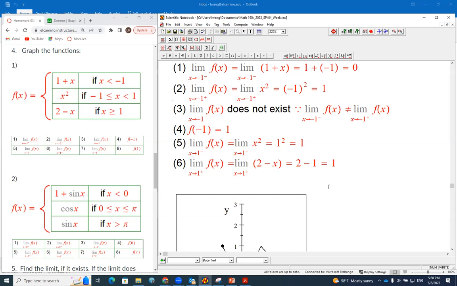Number 7, right? It's asking for the limit when x is approaching 1. Positive 1. And this limit exists because the limit from the left and the limit from the right are the same.